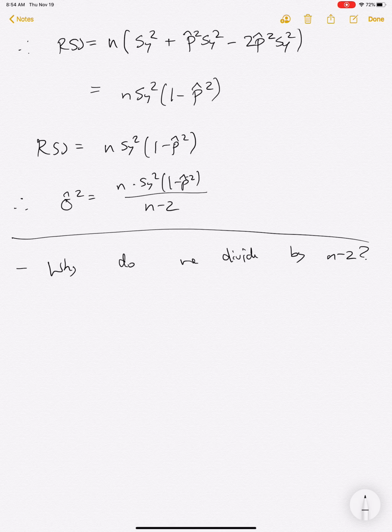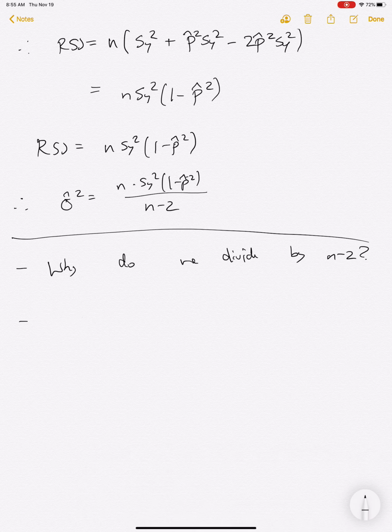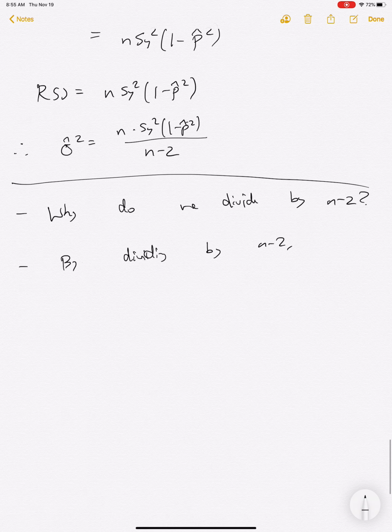The reason we do that is not something we're going to show, but it's very related to a couple of the other things we've seen in the course. By dividing by n minus 2, we have that the expectation of sigma hat squared is equal to sigma squared. So if we didn't divide by the n minus 2 here, we wouldn't actually get that expression, but because we divide, that's why we get this unbiasedness.